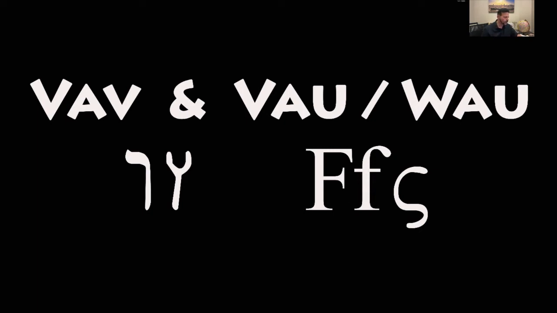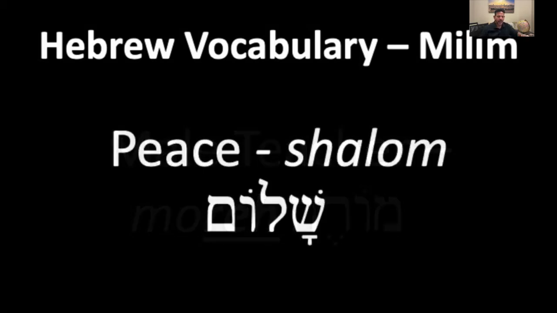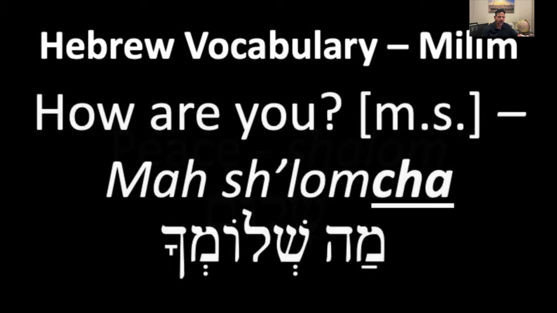So if we were to do a little bit of vocabulary, if we want to refer to me as the teacher, you can call me Rabbi, but there is an official word for teacher, more. More is teacher. And shalom is peace, but it's also used for hello and goodbye and saying, how are you?